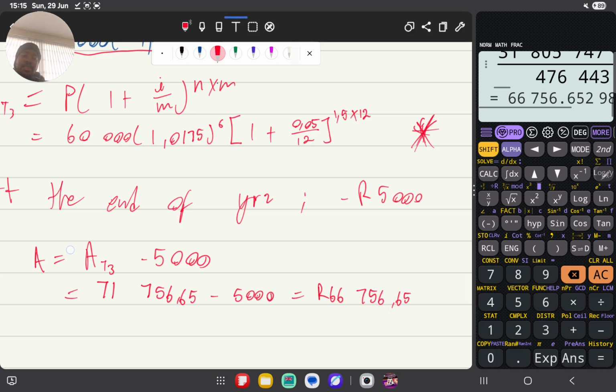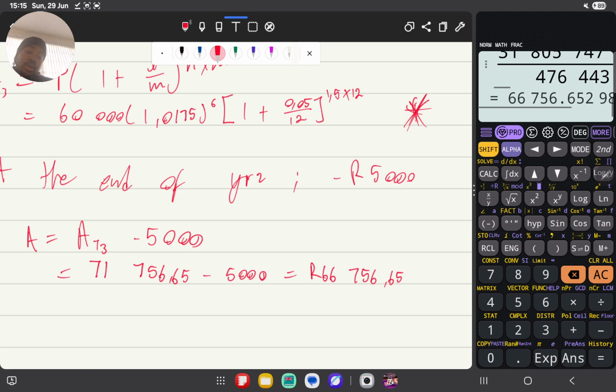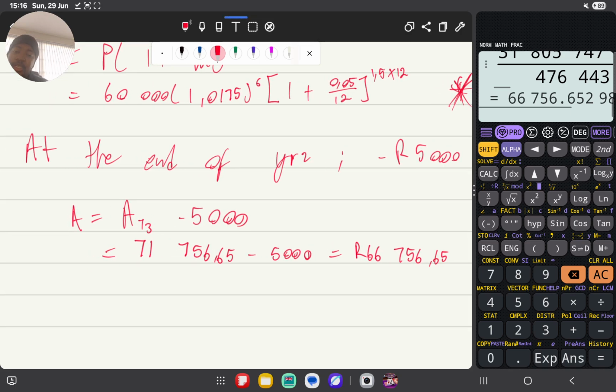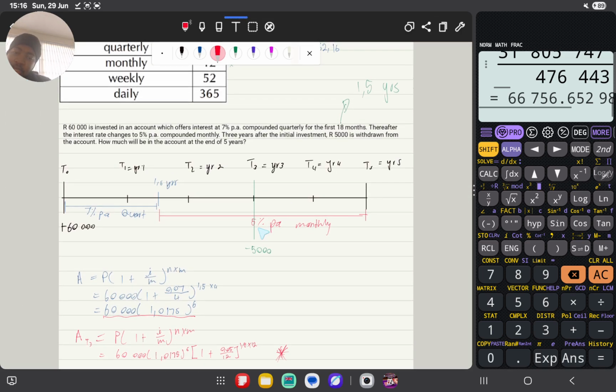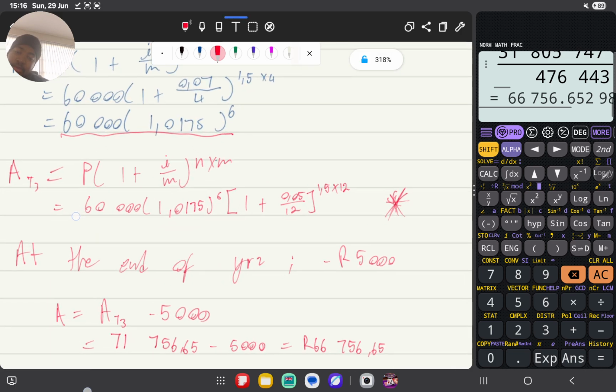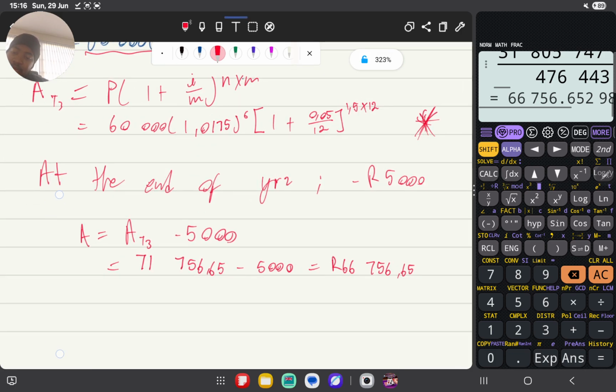You see it, ne? We have made our withdrawal, and now this is the value of P, or the value of A, how much money we have in our account after we withdrew the 5,000 rand. So now, last calculation, we're gonna calculate how much interest this amount will have till the end of year 5, and we'll have our final answer.